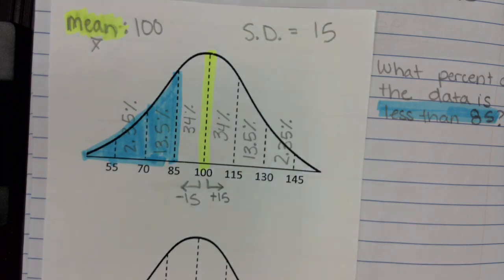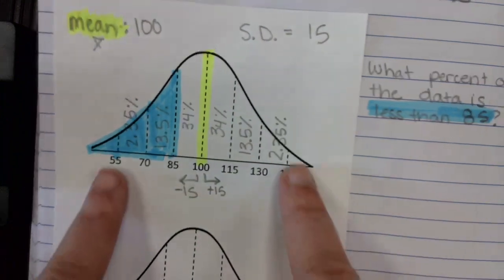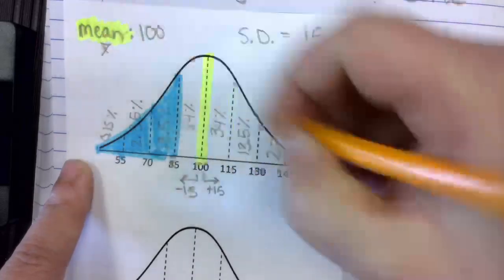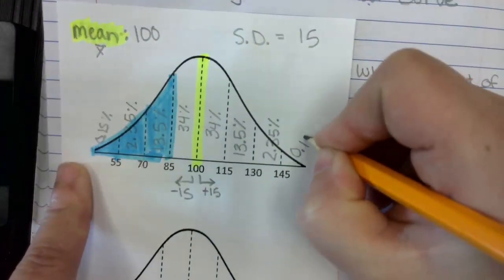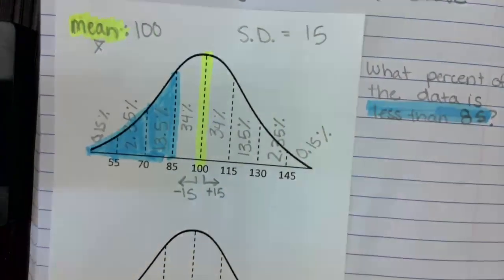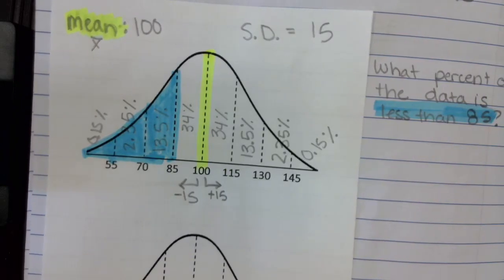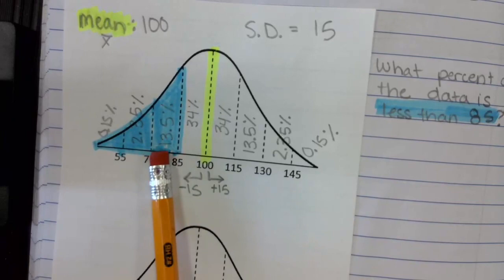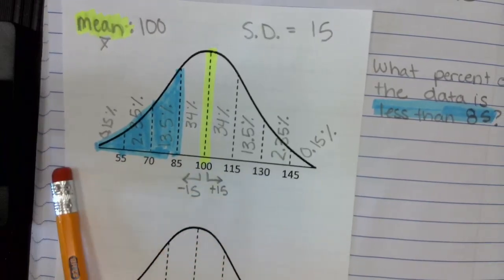And then that last little space, remember this last little space is more than 3 standard deviations away, and that's our 0.15. It could be anywhere past that. So if I'm looking for data that's less than 85, I'm looking for all the space that I have colored in blue.